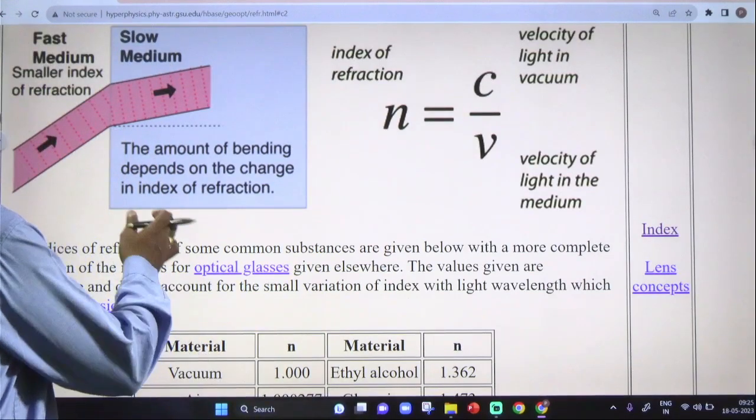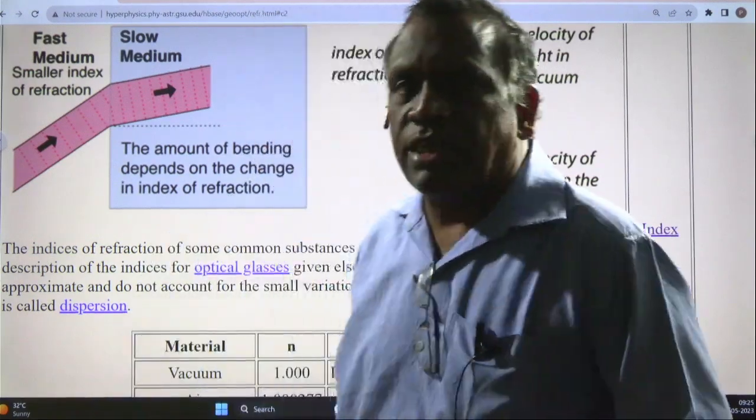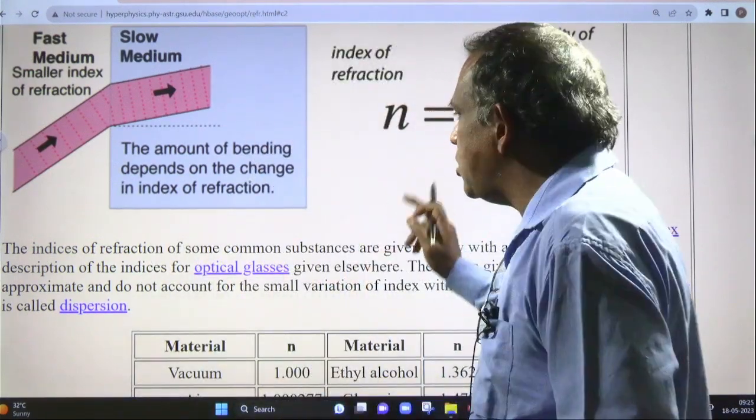The amount of bending depends upon the change of the refractive index.